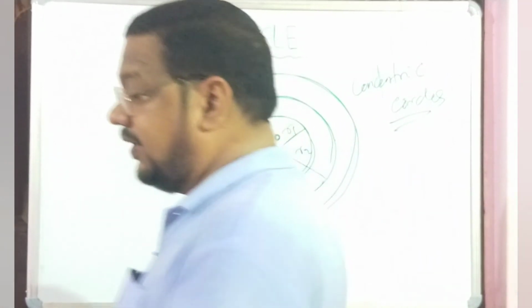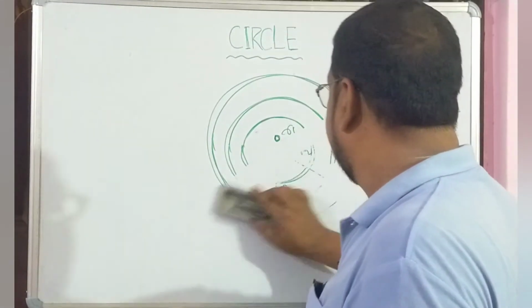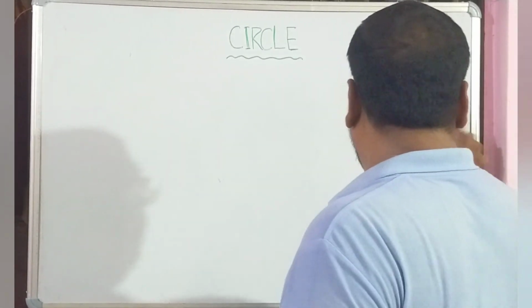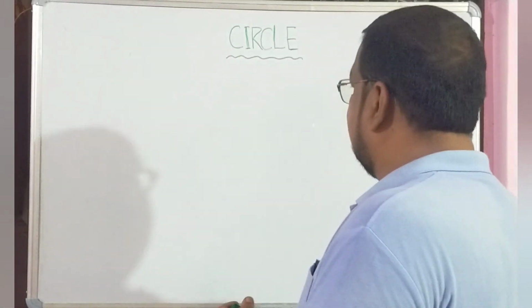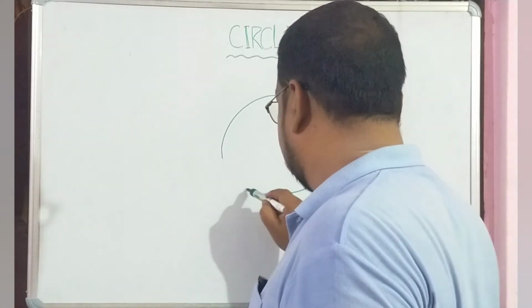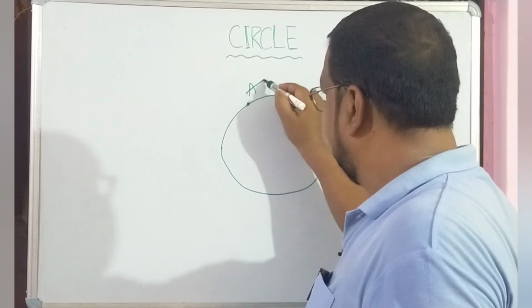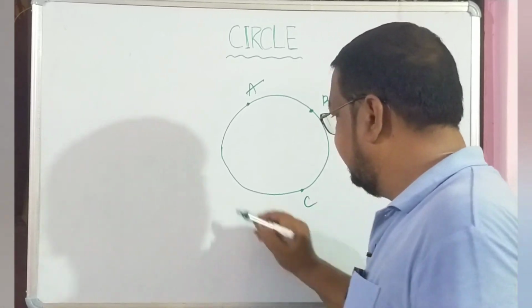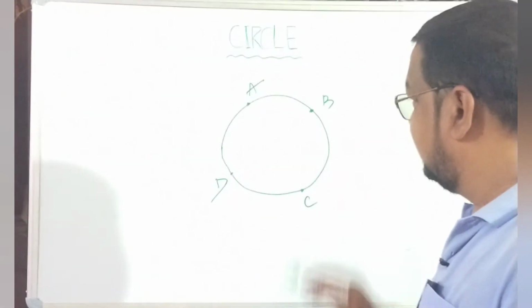Then concyclic points. What do we mean by concyclic points? If all the points are present on the circle, the points are said to be concyclic. Suppose this is a circle and the points A, B, C and D all are present on the circle.